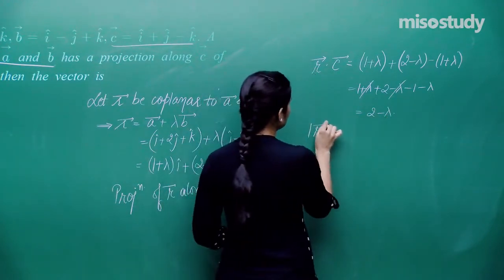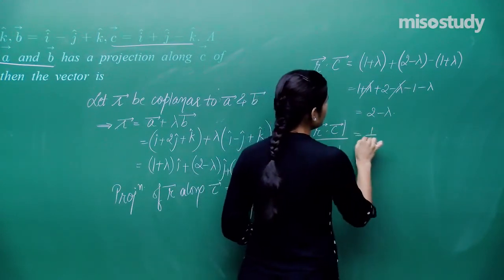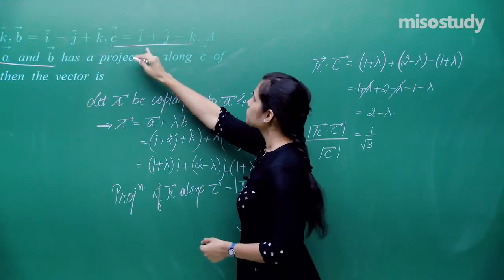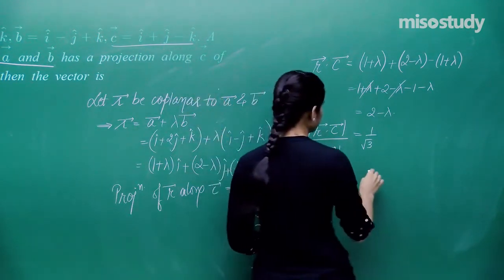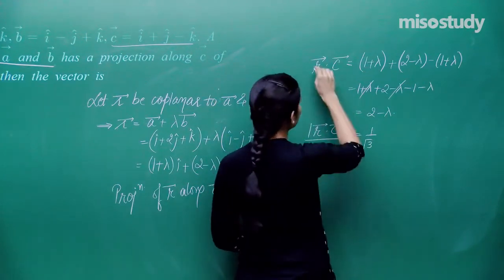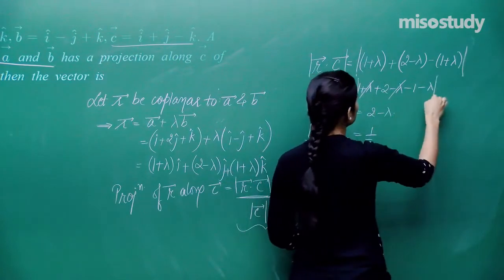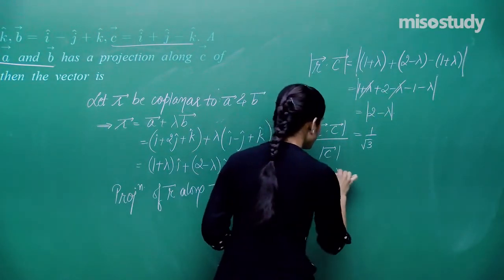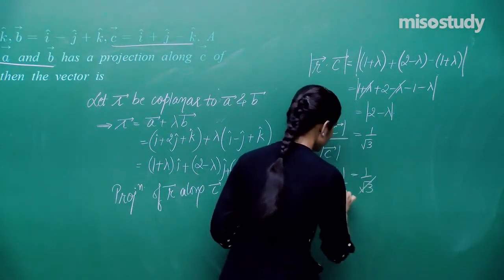Then mod of R dot C upon mod C is given to be 1 by root 3. What is the magnitude of C vector? Under root of 1 square plus 1 square plus 1 square, so under root 3. So you get magnitude of 2 minus lambda upon root 3 is 1 by root 3.